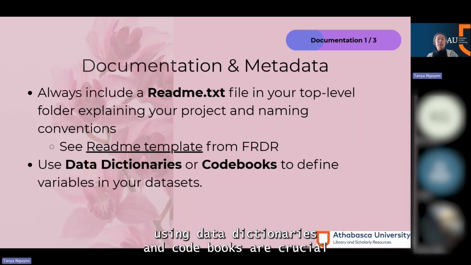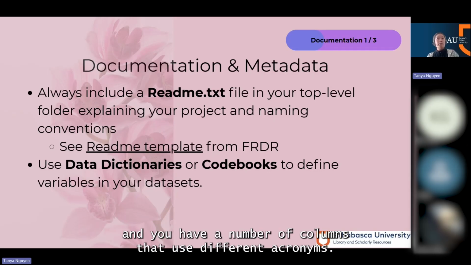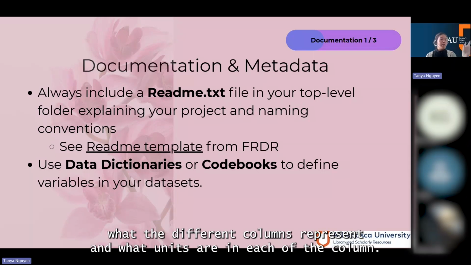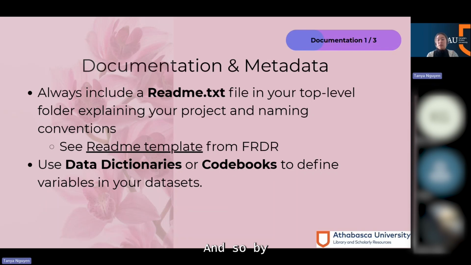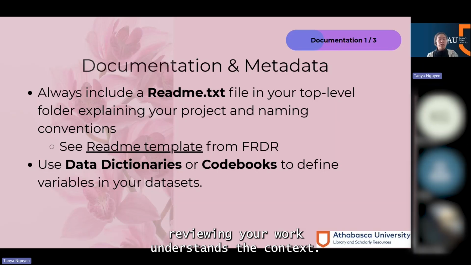Additionally, using data dictionaries and code books are crucial for defining variables in your data set. For example, if you have survey data and you have a number of columns that use different acronyms, a tool like the data dictionary would explain what the different columns represent and what units are in each of the columns, like if you're using centimeters, meters, what kind of time measurements, etc. By defining your variables in your data sets, it ensures anyone reviewing your work understands the context.